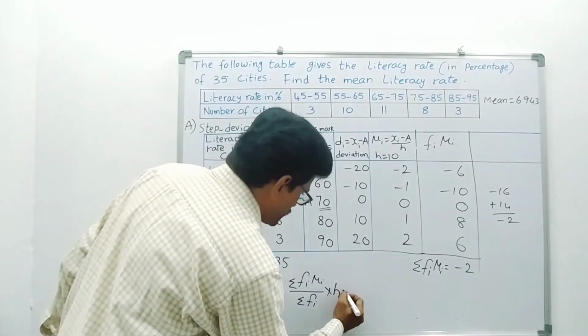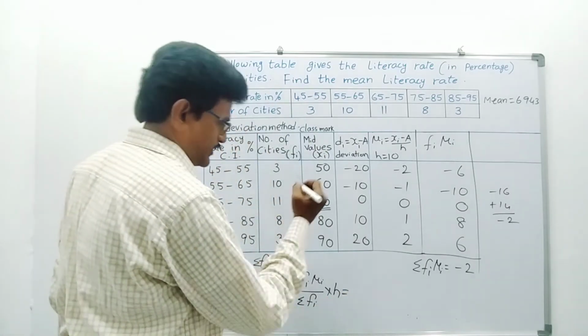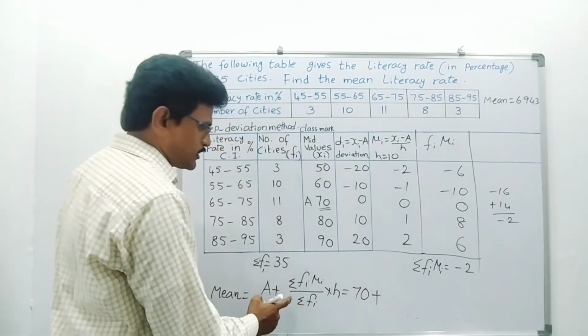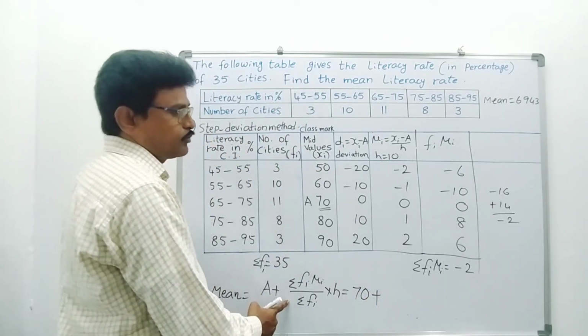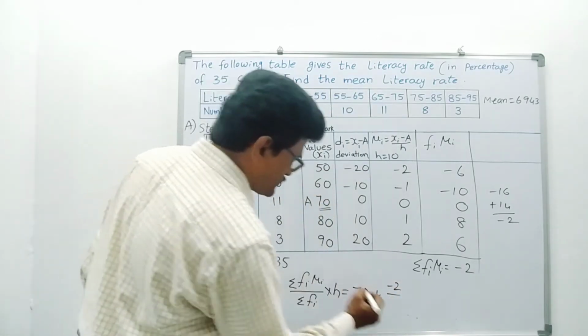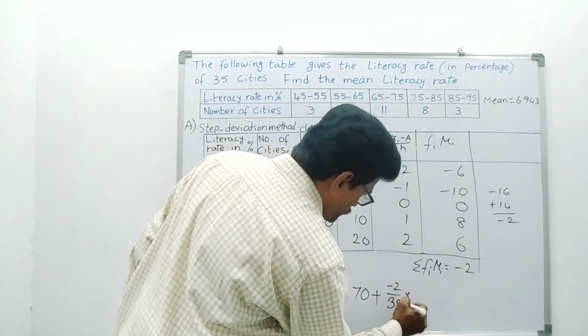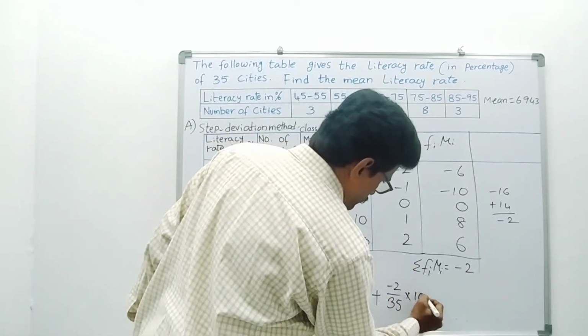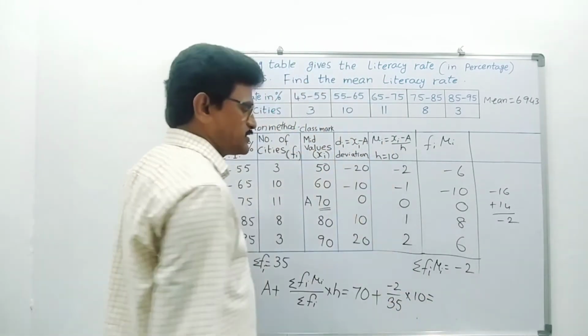We substitute the values here. What is A? Same, 70 we are assuming. Now plus sigma f_i u_i, how much are we getting? Minus 2 by sigma f_i, which is 35, into h. The size of the class h is 10.